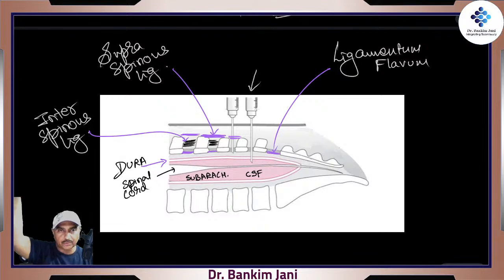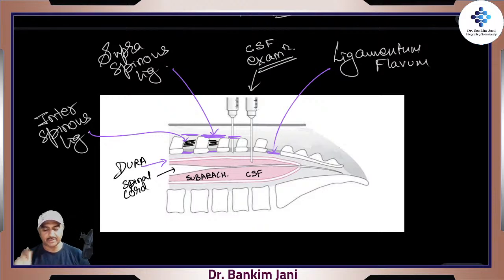This needle is going all the way into the subarachnoid space, and that's what it is meant for: CSF examination. That is when you want to extract the CSF fluid for the examination. So this is where it will go. It will go into the subarachnoid space, right? So in the subarachnoid space. So far, so good.